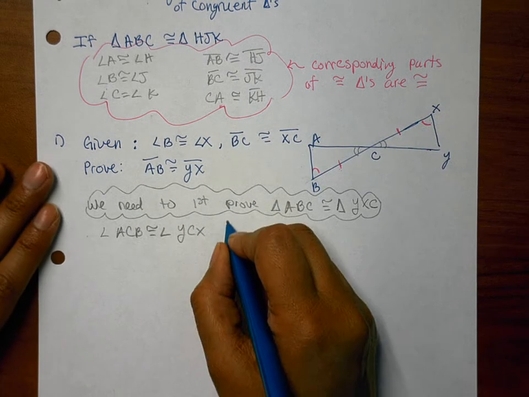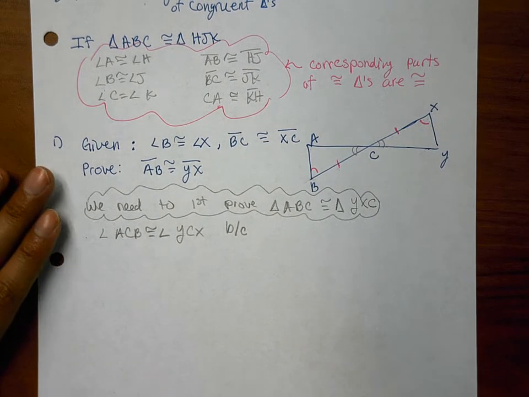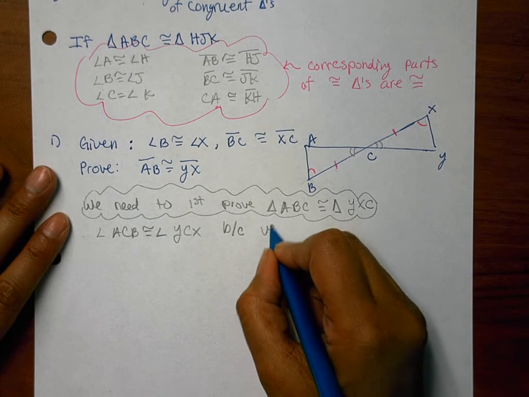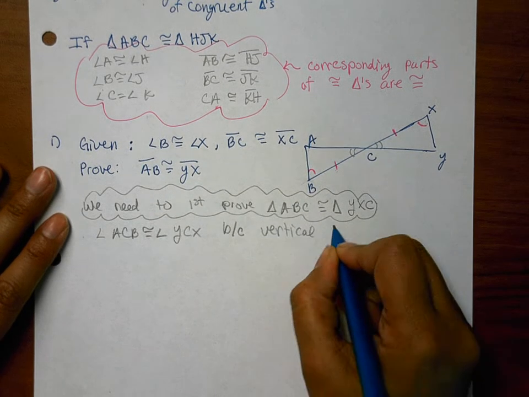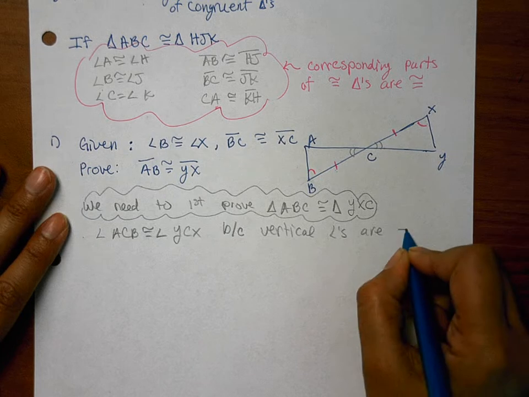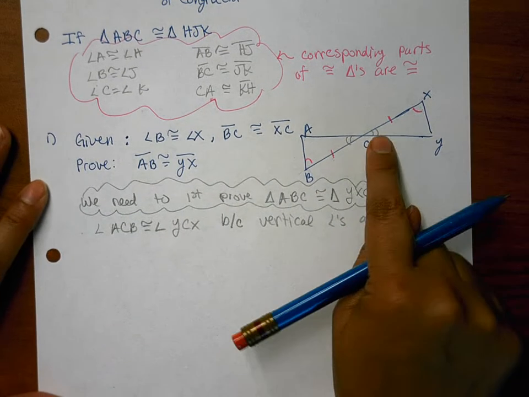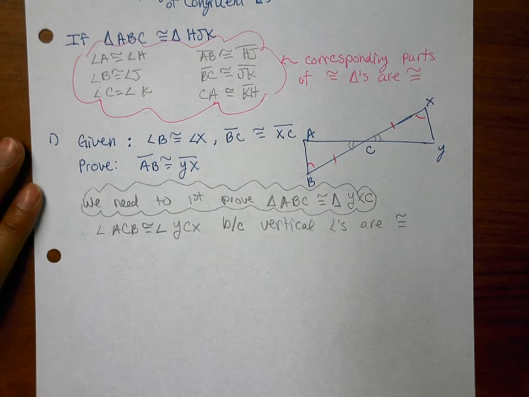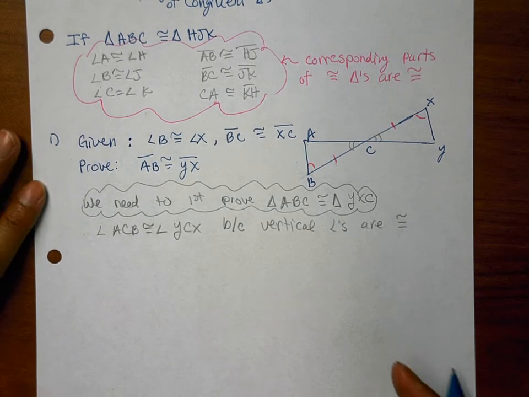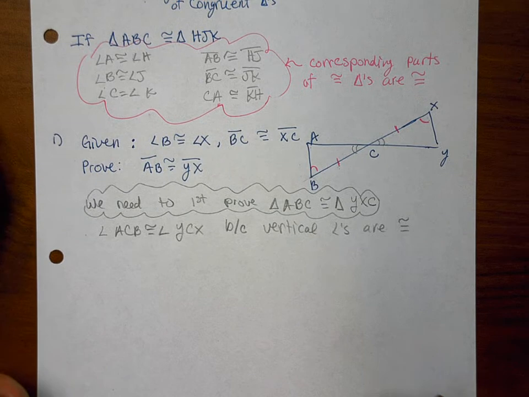And why are those two angles congruent? I'm going to put B/C for because vertical angles are congruent. That's nothing new. We've known that already. Those two angles are congruent because vertical angles are congruent.